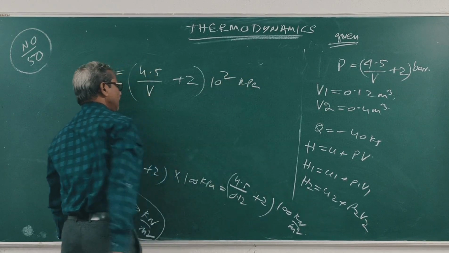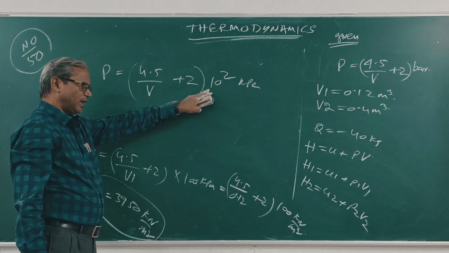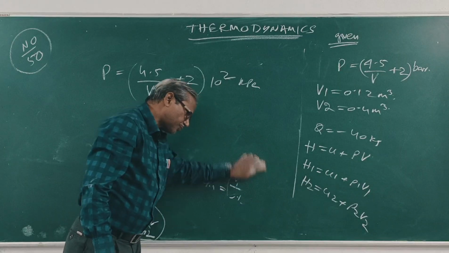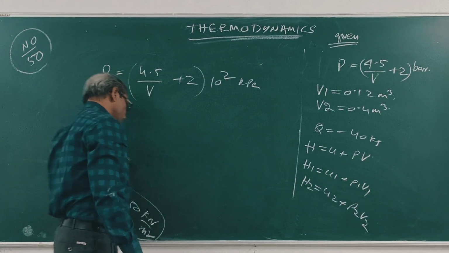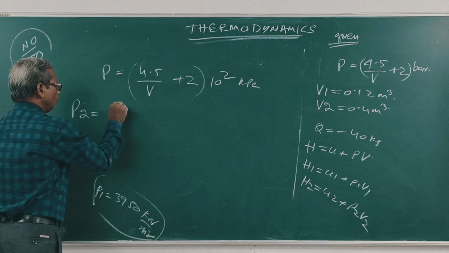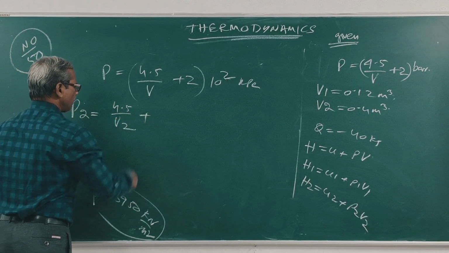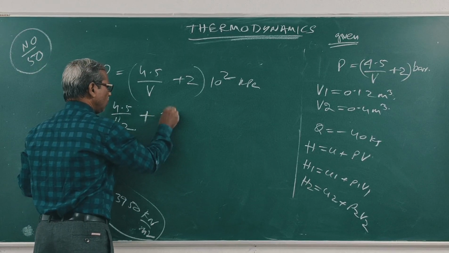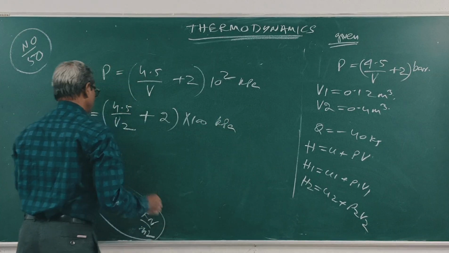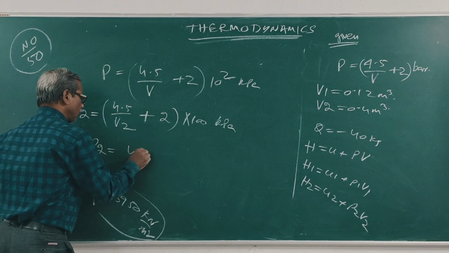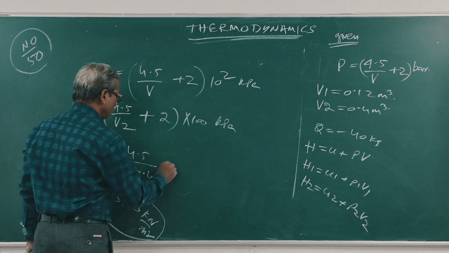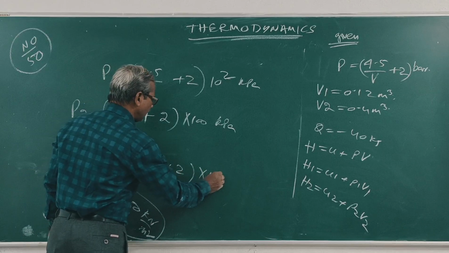Clear? Similarly, P2 is equal to (4.5 by V2 plus 2) whole into 100 kilopascal. So P2 is equal to 4.5 by 0.4 plus 2 into 100 kilopascal.